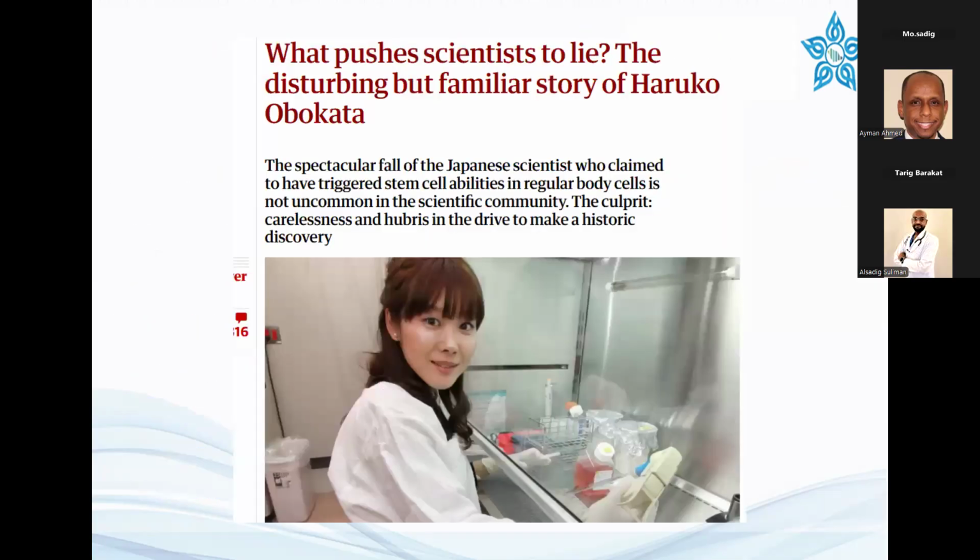Here, it is worth mentioning that in the past couple of decades, there were some unfortunate incidents. The first was a research paper published in Nature, one of the most prestigious journals. Everyone would love to publish in it. It was published by a Japanese scientist, Haruko Obokata. She published a paper on stem cells, and a lot of people tried to follow her procedure and method.